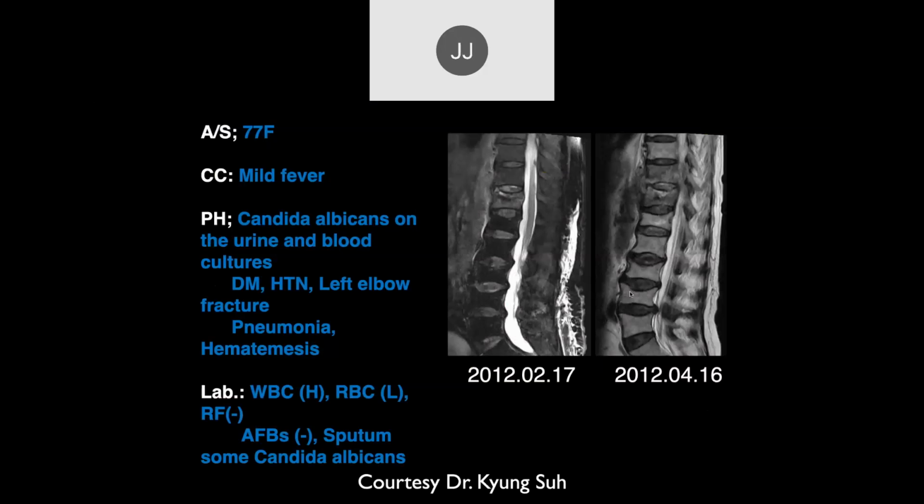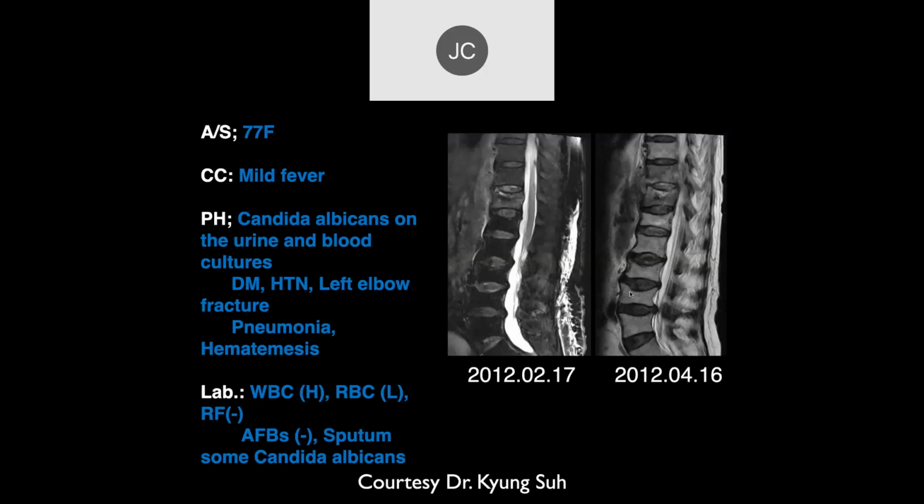Albicans. All right, so we have a 77-year-old woman, mild fever, past medical history of Candida in urine and blood, diabetes, hypertension, fracture, pneumonia, elevated white count, RBCs are low, AFB negative, and then sputum showed some Candida.